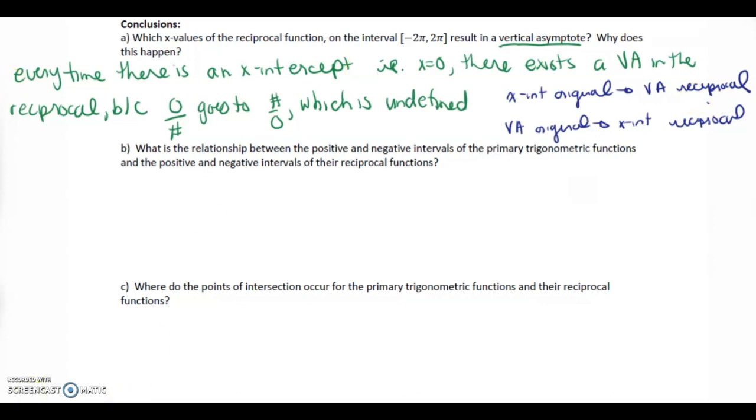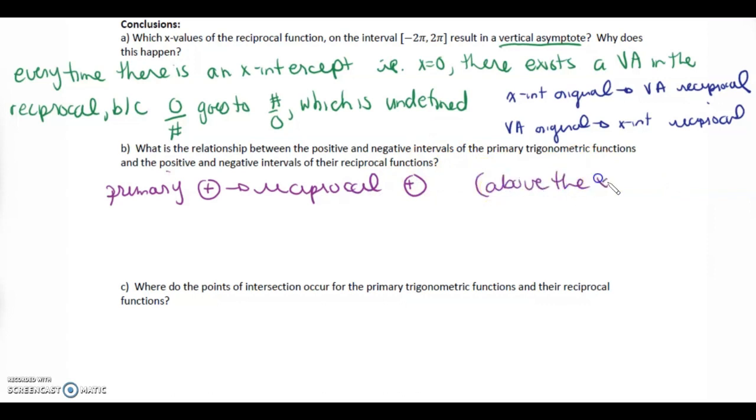What is the relationship between the positive and negative intervals of the primary trig functions and the positive and negative intervals of their reciprocal functions? So for the primary, if it's positive, then the reciprocal is also positive, right? So positive means above the x-axis.